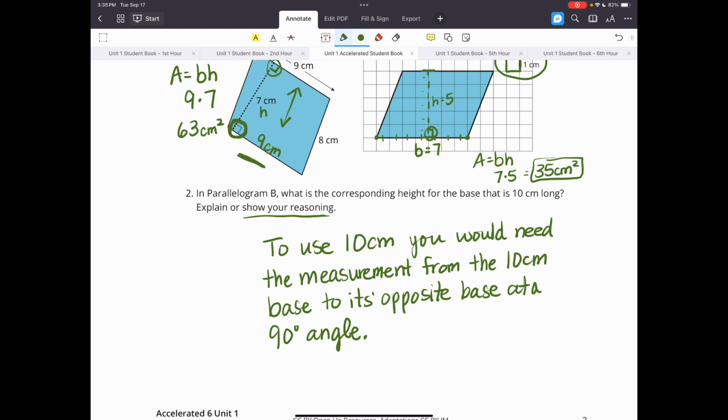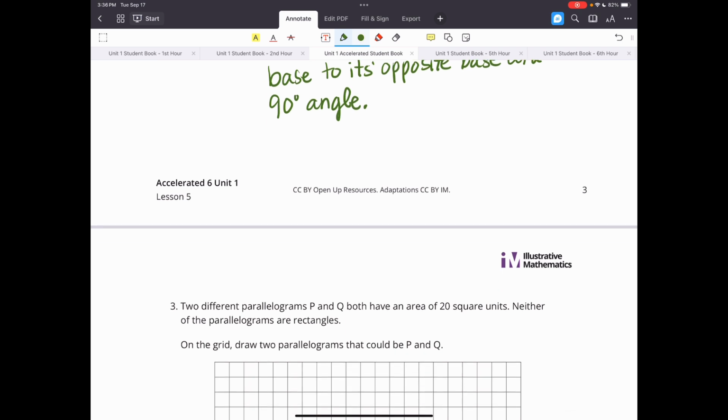So that's how we would use a height for the 10 centimeters. We would have to have that measurement from the 10 centimeter base to its opposite base at a 90-degree angle. So again, looking for that 90-degree angle base to base is how we identify those heights.